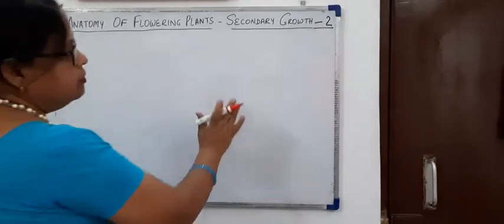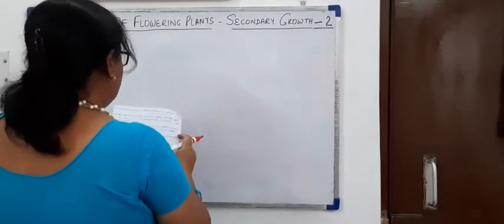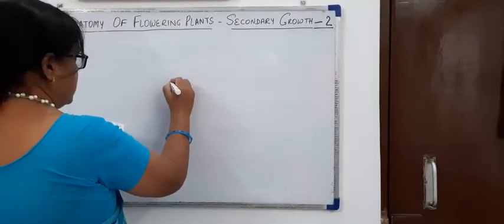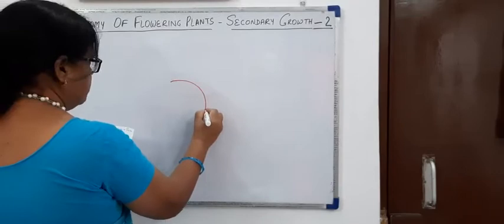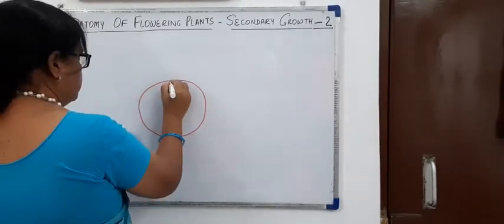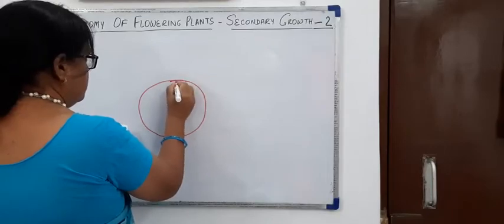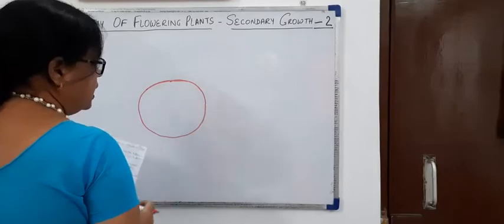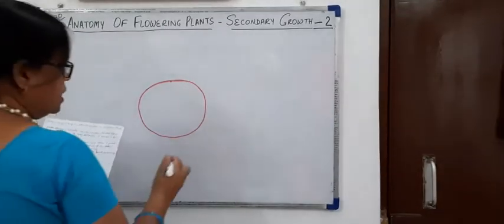Now, whatever we have seen just now, we will be understanding with the help of a diagram. So, I am drawing the cambium here. That is a cambium ring, which is formed by the fusion of intrafascicular and interfascicular cambium.